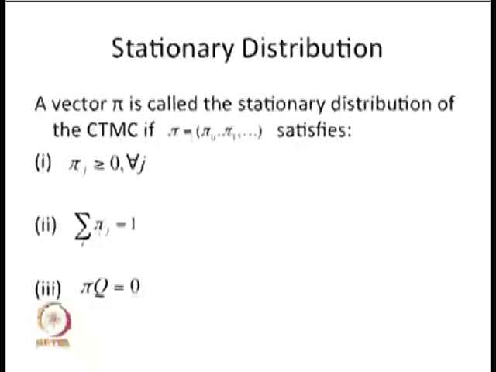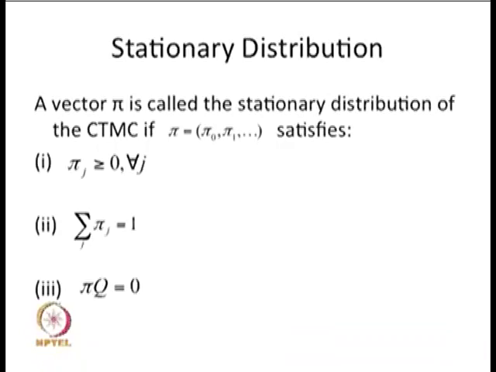It's a homogeneous equation, so you need a second condition to have non-zero probabilities. So if you solve pi Q equal to 0 along with the summation of pi j equal to 1, and if these pi j's exist, then the CTMC has a stationary distribution.